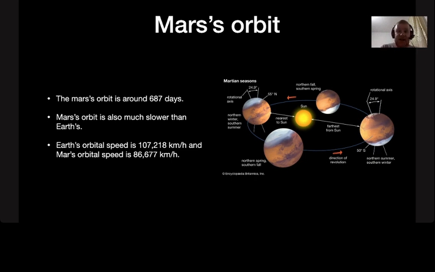But of course, it does have season change as well, and because the orbit is slower, the seasons last longer. So winters last longer, summers last longer, springs last longer, and autumns last longer. So this is the orbital speed of Mars.